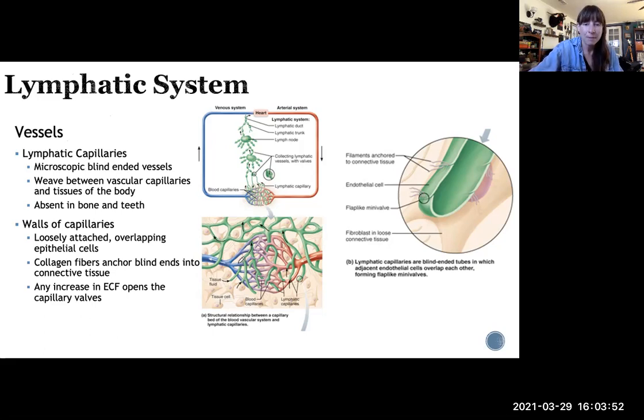Instead of having a turnaround in terms of oxygenated and deoxygenated blood, like your blood capillaries have, your lymphatic capillaries are dead end, okay? Your blood capillaries don't dead end, but your lymphatic capillaries do. They are found weaving all throughout the blood capillaries throughout your body.